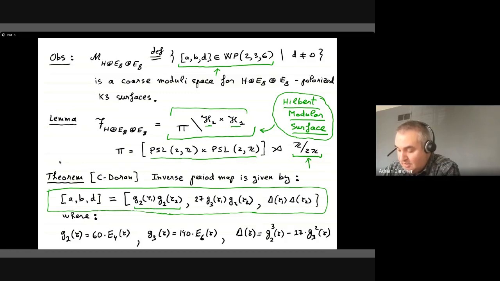A is essentially G2 of tau 1 times G2 of tau 2, where G2 is the modular function 60 times the Eisenstein series E4.